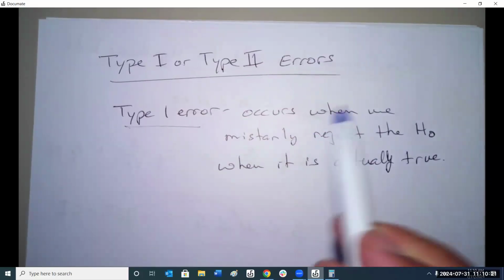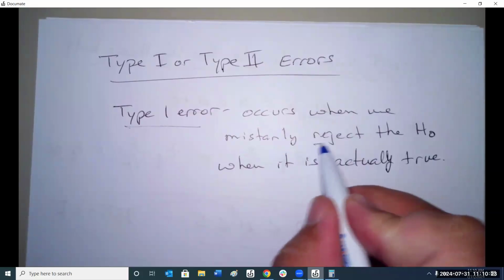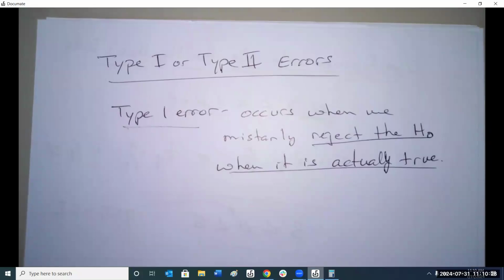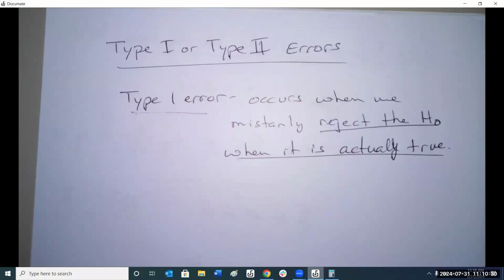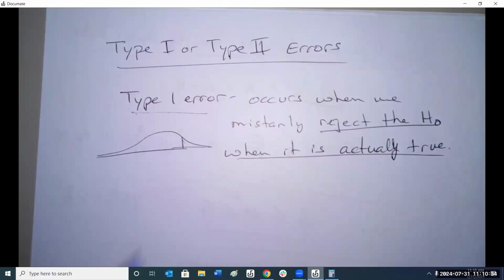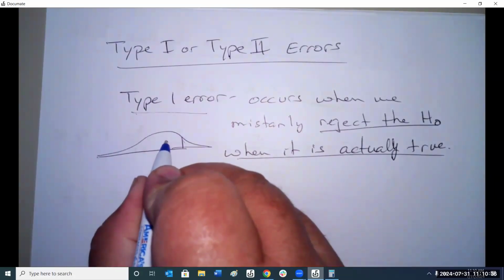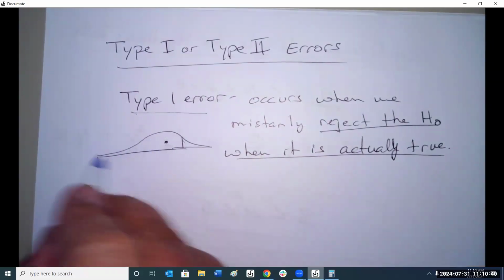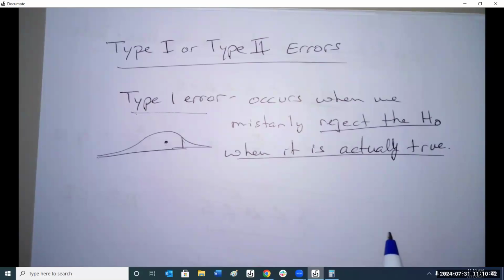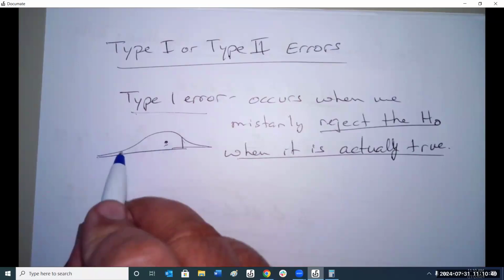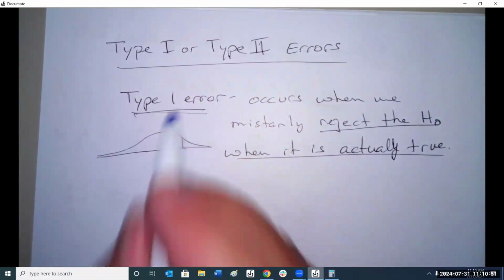In other words, if our test value falls inside this bigger part and we reject it, even though we should keep it, we reject it anyway. That's a type 1 error.